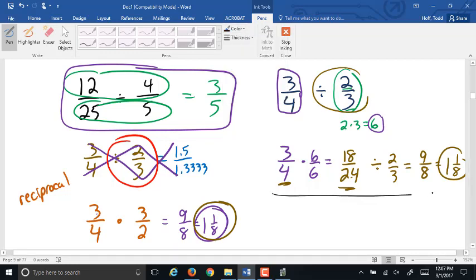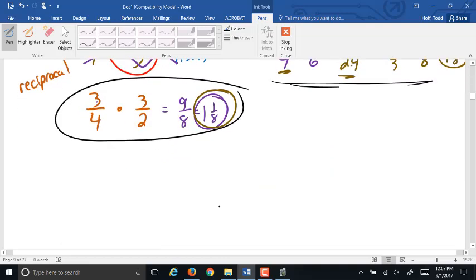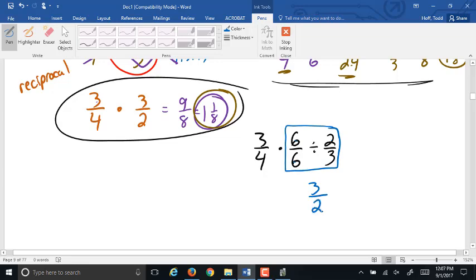So how did we get from this to multiplying by reciprocal? It's not as big of a leap as you might think. If we set this all up together like this, at one point somebody looked at this and realized, hey, if we stretch our process a little bit, if we look at this part here, 6 divided by 2 is 3. 6 divided by 3 is 2.